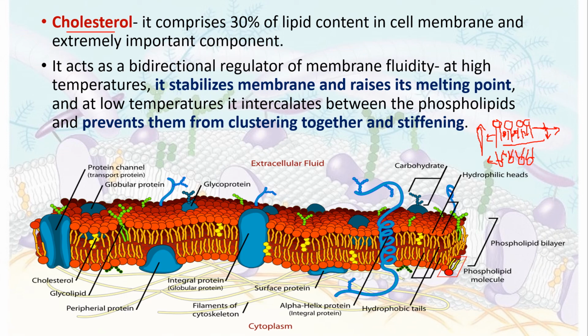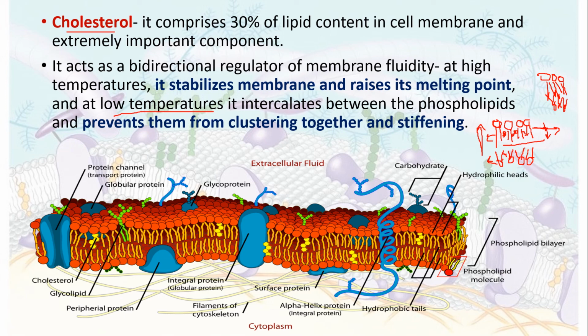On the other hand, at low temperature, they try to come very close in the absence of cholesterol, and they could get stiff together, due to which the membrane fluidity will stop.